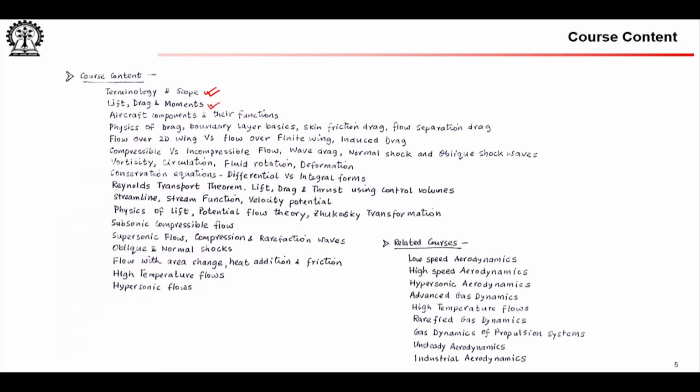After that, we will take a quick look, not a detailed look, at how lift is generated, how drag is generated, and of course, if you have distributed loads, then by taking an axis around which you want to calculate moments.